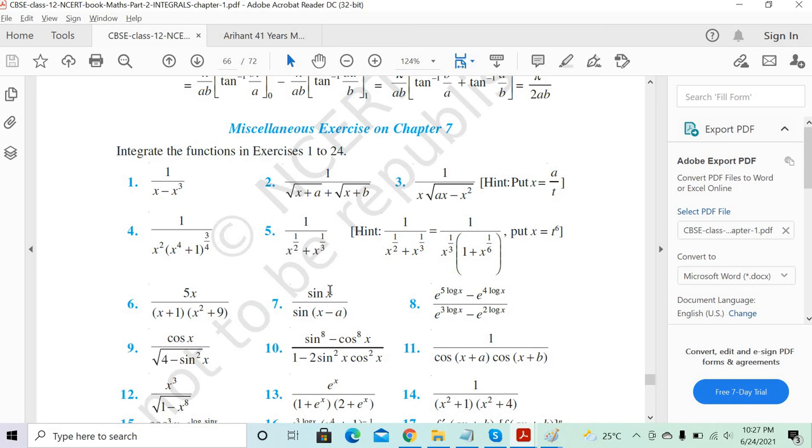The fifth one is also pretty much similar. Only one other thing you have to do in this case, because here the power will get different, so you will not be able to substitute properly. You have to think in little different terms, because when you differentiate, the same power will not come.